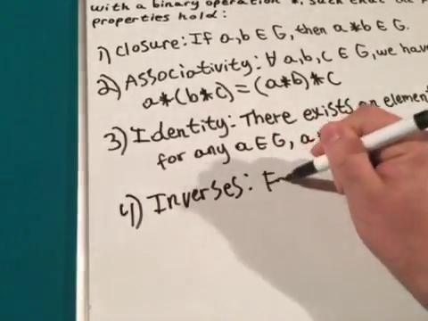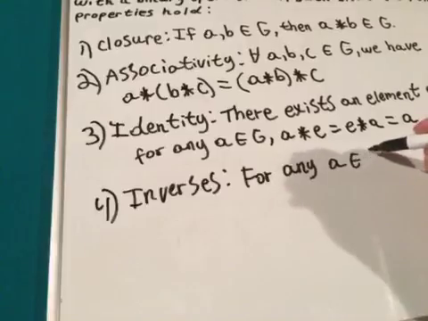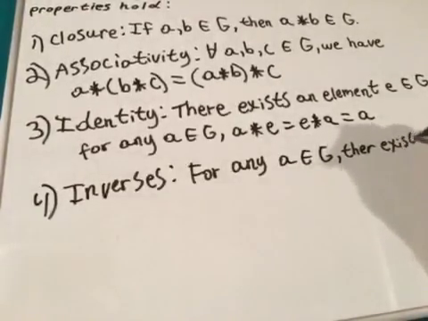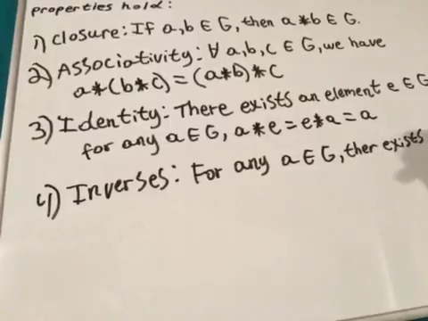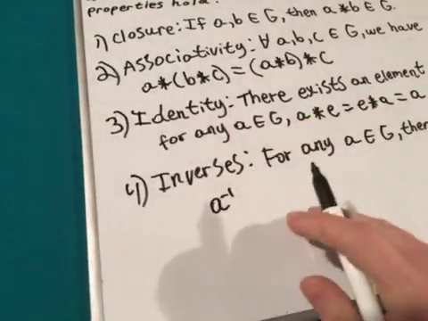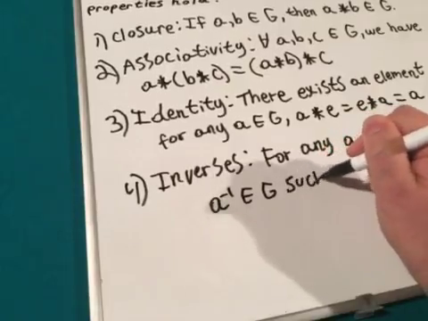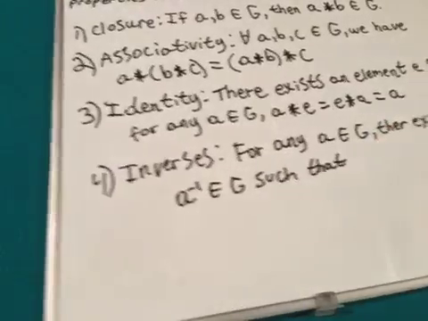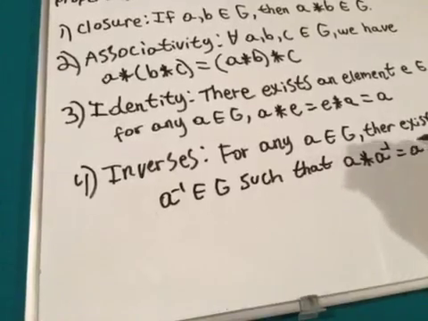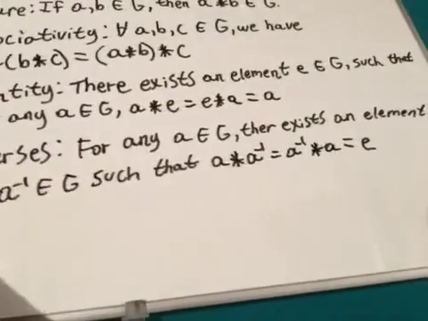It means for any A that's an element of G, there exists an element, let's call it A inverse, using this negative exponent, that's also an element of G, such that A star A inverse is the same as A inverse star A, and what you get back is E, the identity element.